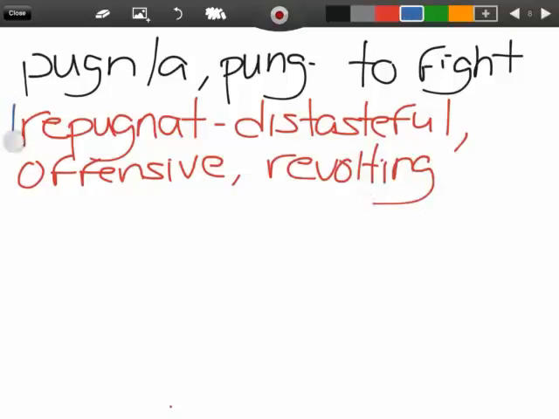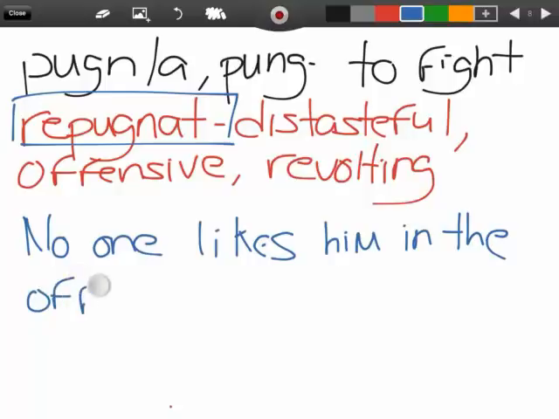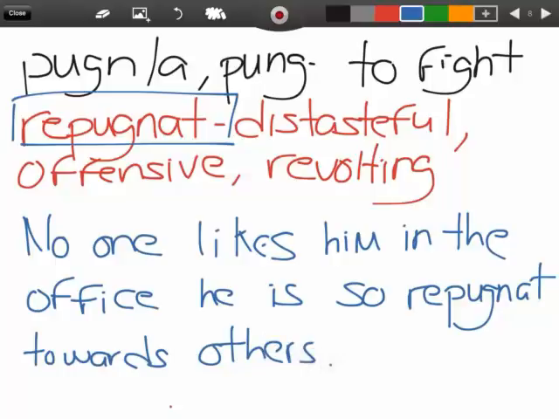I'm going to use repugnant in a sentence. No one likes him in the office. He is so repugnant towards others.